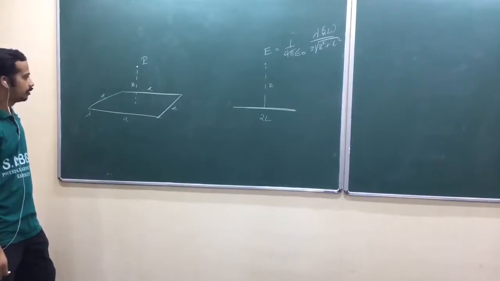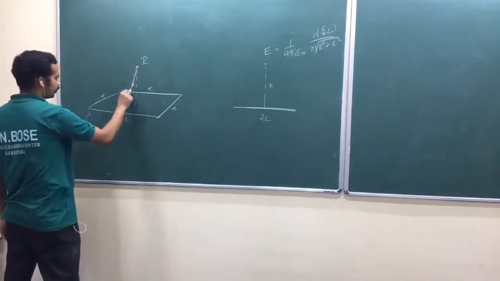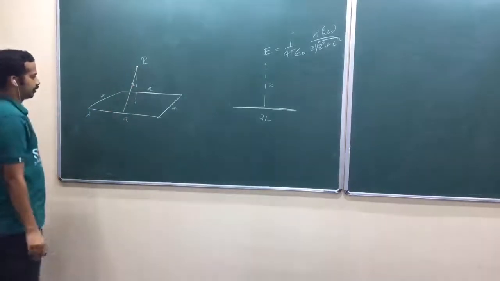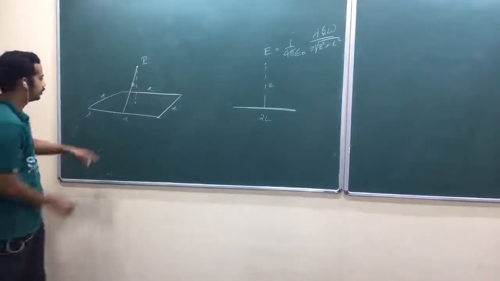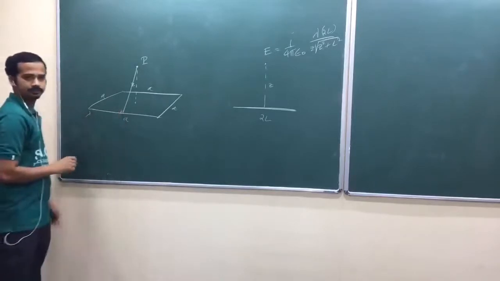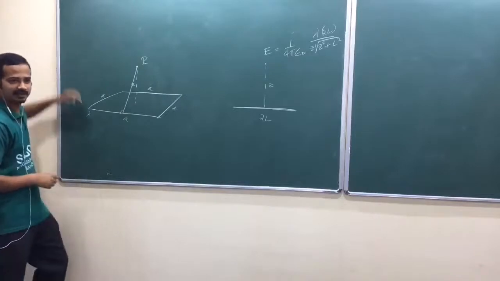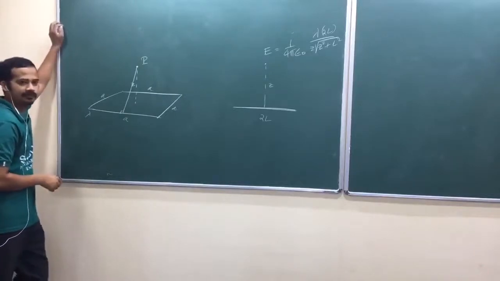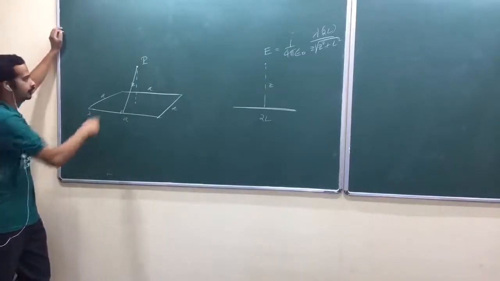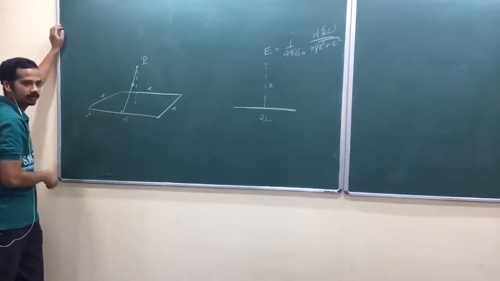Is that okay? Now look here. From this point, just draw one. Obviously, this will be perpendicular. You have to imagine. If you draw from this point to the midpoint of this side, those two are perpendicular.